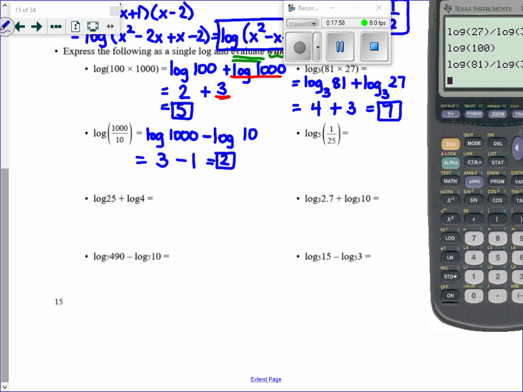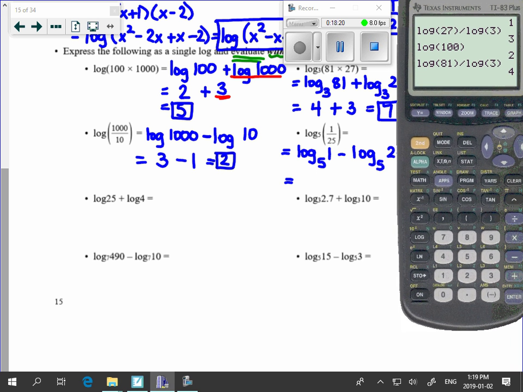Okay, log in base 5 of 1 over 25, that's the same thing as log in base 5 of 1 minus log in base 5 of 25. Okay, let's think this through in our head. 5 raised to the what power is going to give me an answer of 1? Okay, hopefully you have your answer in your head. Let's do it on our calculator just to double check.